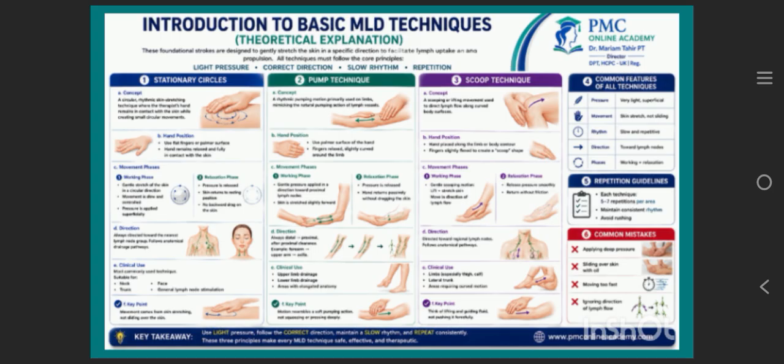So the clinical key point is these techniques are not massage strokes. They are precise physiological stimulations of the lymphatic system. So summary: stationary circles, pump and scoop techniques form the foundation of MLD.